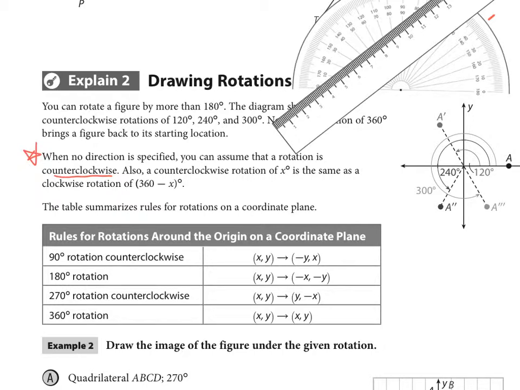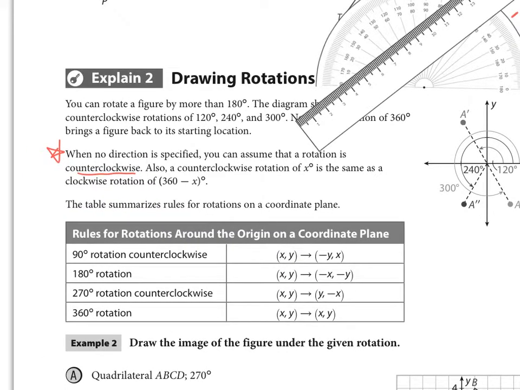And counterclockwise compared to clockwise can give you the same result. All you have to do is subtract 360 minus the angle if you're going the other way. So what I mean by that is 90 degrees counterclockwise, subtract 90 from 360, and that means that other angle measure will be clockwise.